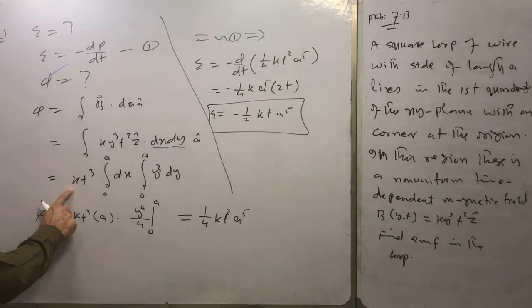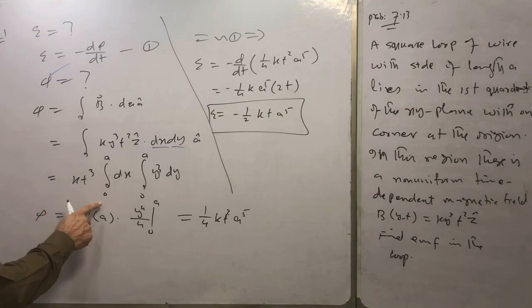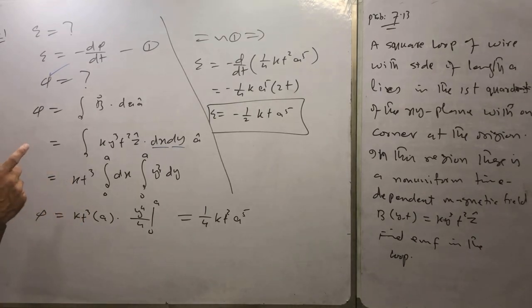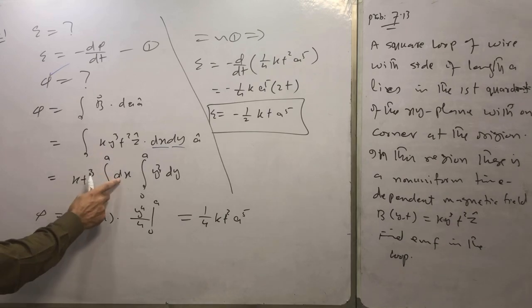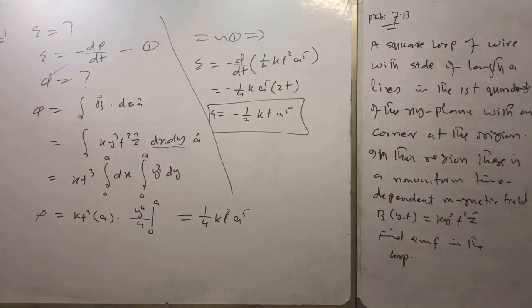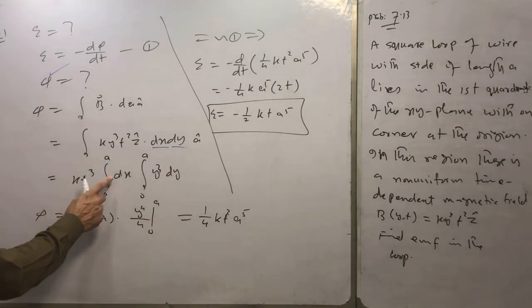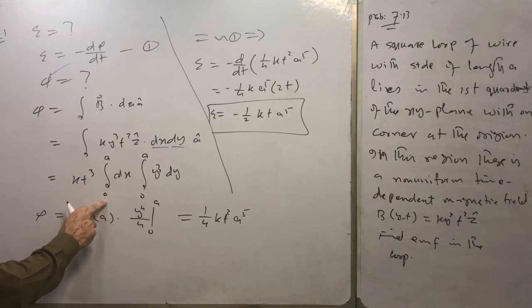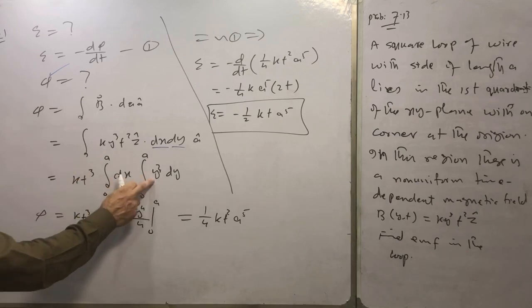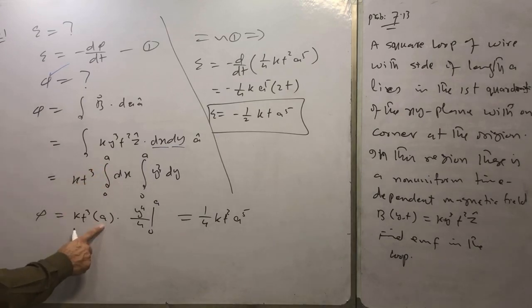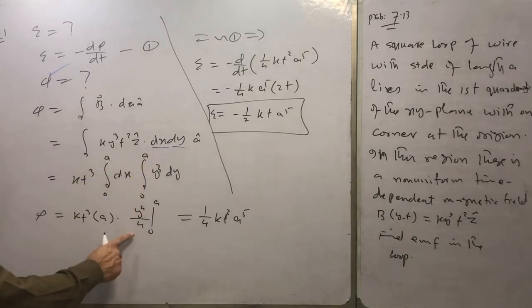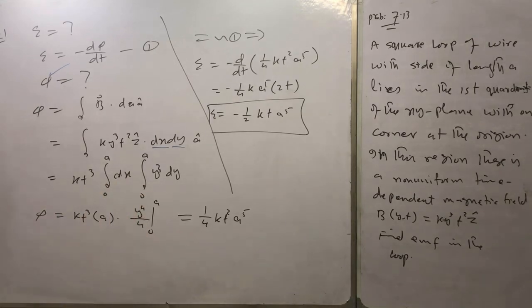And then k t square, this is common, and we must integrate from 0 to a. We can write this separately, dx and dy. So 0 to a dx, and 0 to a y cube dy. From this integration we get a, and from this integration y to the 4 divided by 4, from 0 to a.